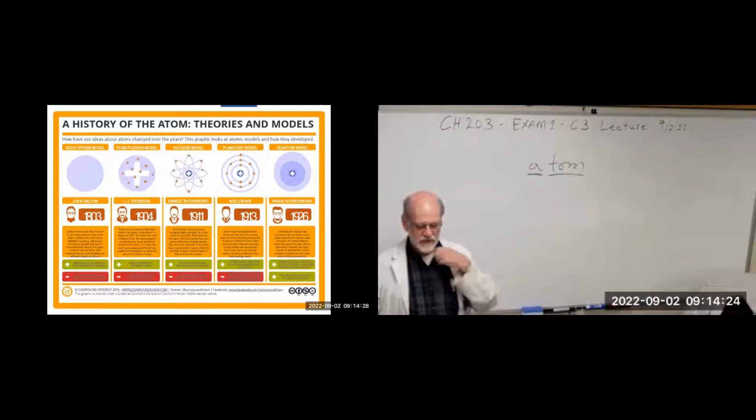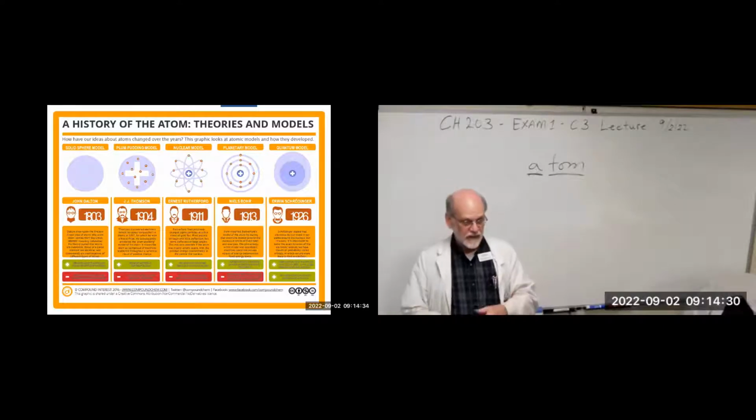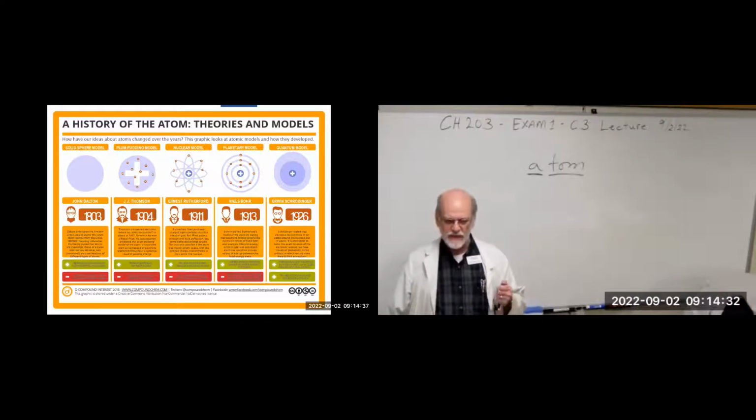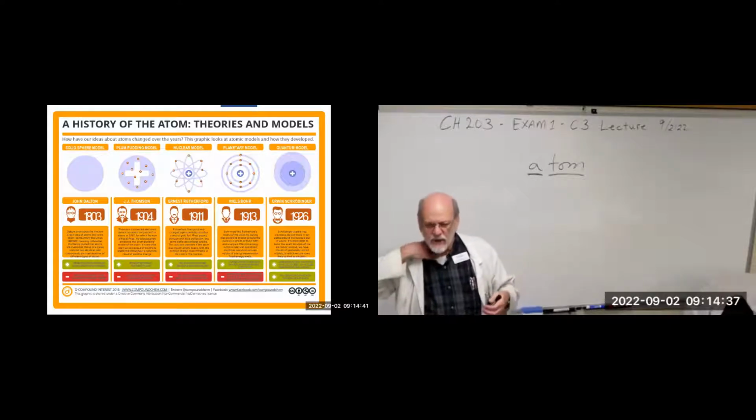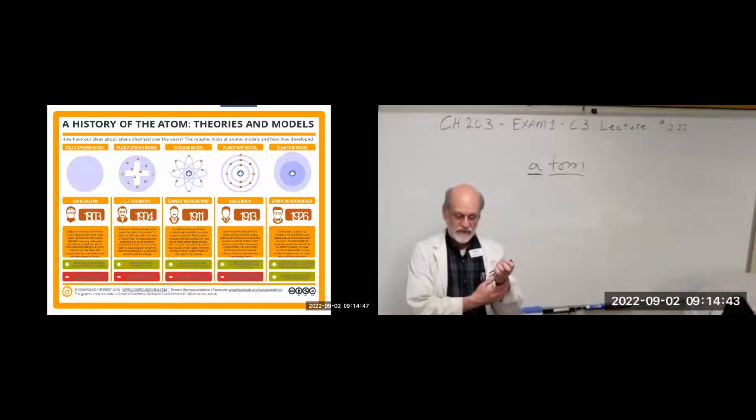And then we come to J.J. Thompson, who was an Englishman. And by that time, people were starting to play around with electricity, mostly static electricity and batteries. And they knew the difference between positive and negative charges.